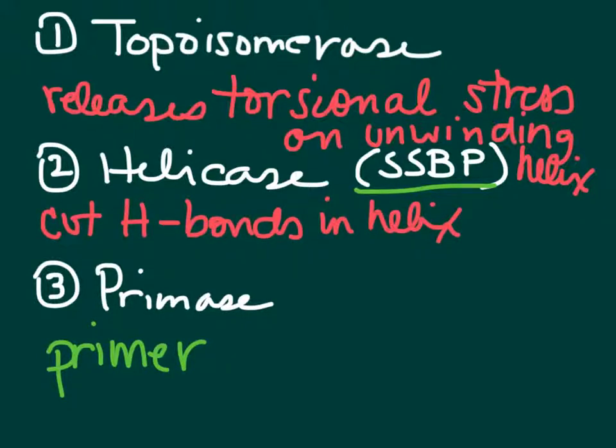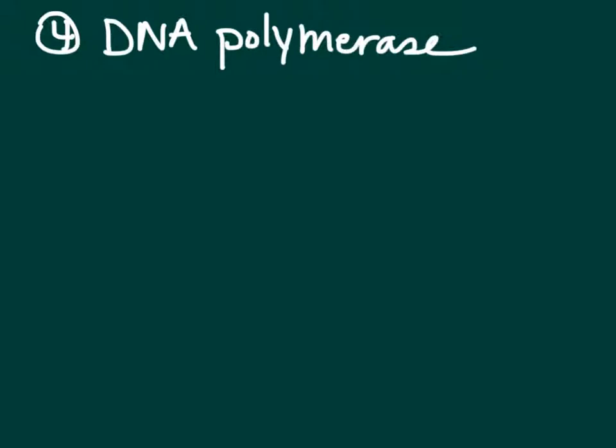Primer is attached by primase. The helix is unwound by helicase. So that's generally how we name things. It tells us what our next enzyme does. A polymer is made by DNA polymerase. It attaches complementary nucleotides to the primer.